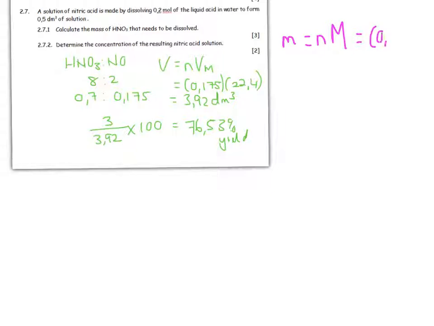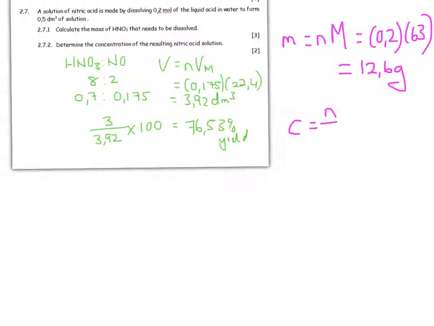The number of moles that they've given is 0,2. The molar mass of nitric acid is 63: nitrogen, which is 14, plus hydrogen, which is 1, plus 3 oxygens, which are 48, and you land up with 12,6 grams.